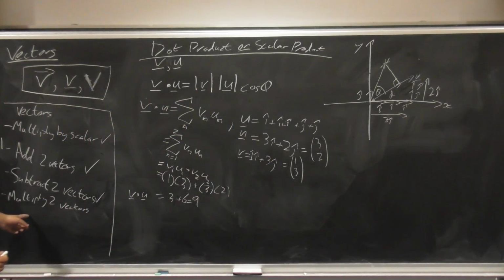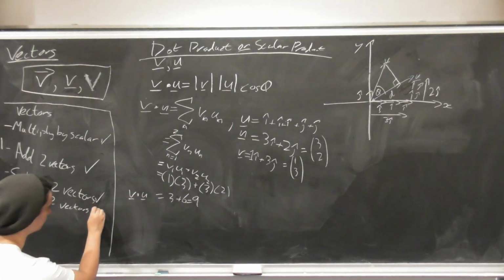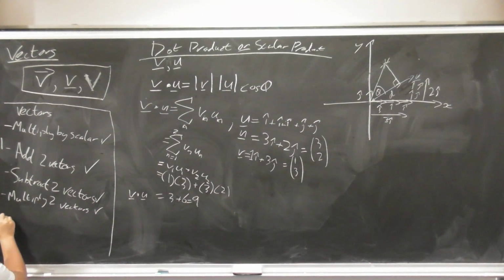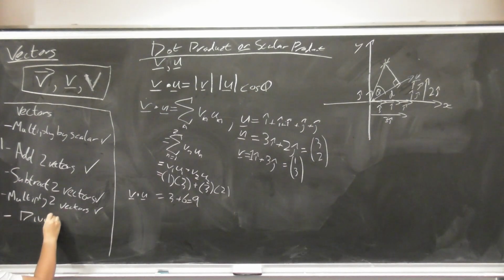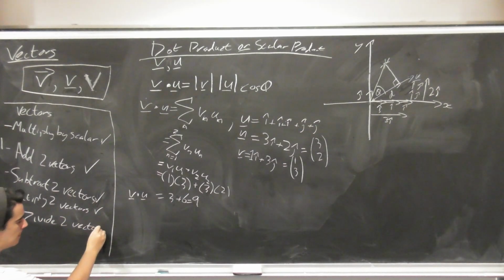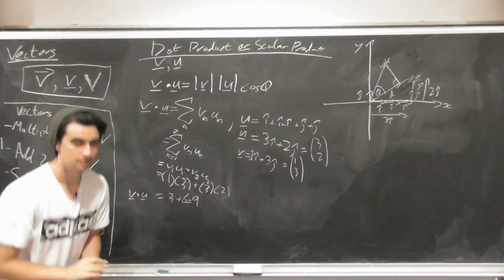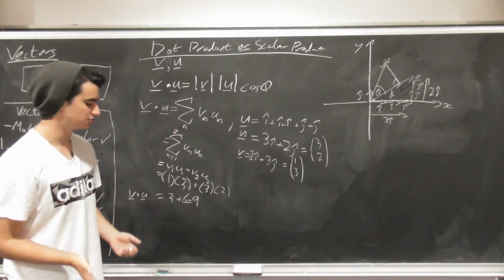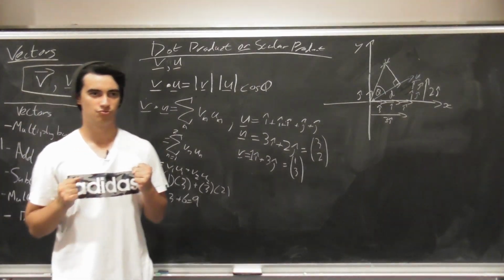So we have discovered now that you can indeed multiply 2 vectors. So now the question is, can you divide vectors? This is the last of the arithmetic operations that we learn in school, and we can't really.